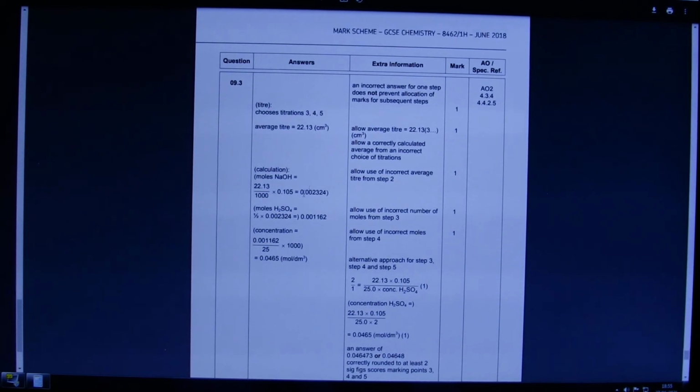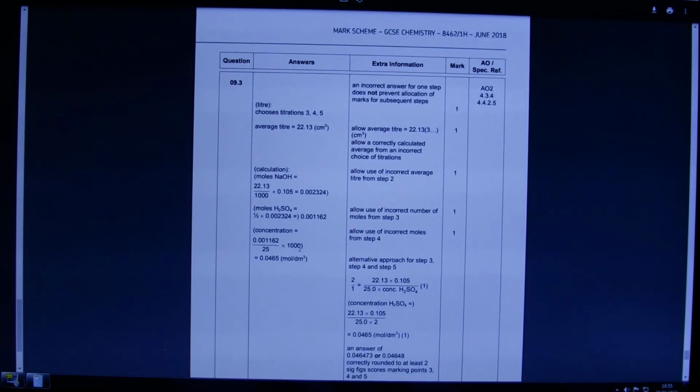Calculate the number of moles. Convert to concentration. We have that average. Divide by 1,000 because we're going from cc's to litres. Multiply by molarity, you get that number. Halve it to get the number of moles of acid that were neutralised.